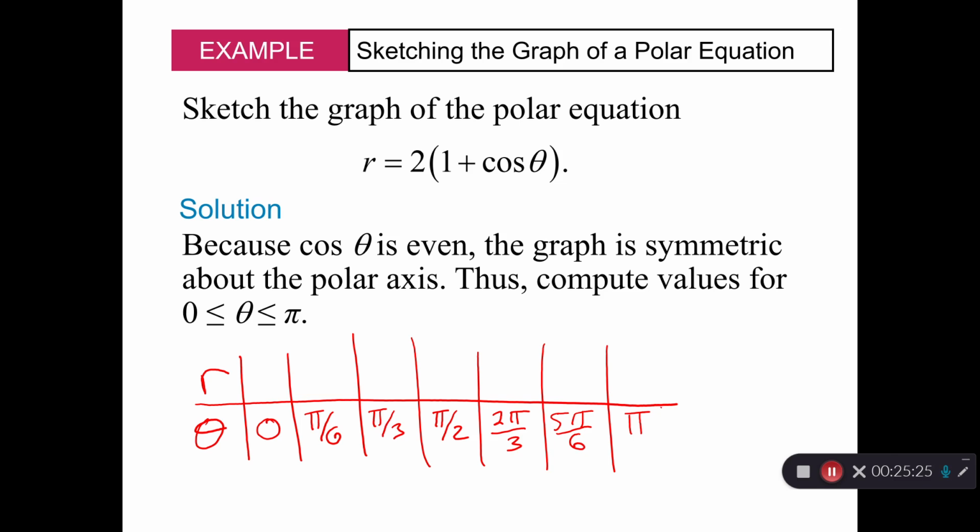And like I said, this is going to wind up being about half your graph. So why don't you guys at this point pause the video. You're going to take each theta, plug it into the equation, and work out what each individual r is going to be. All right, so pause the video, work out what each individual r is, and I'll give you the answers on the back end. See you soon.